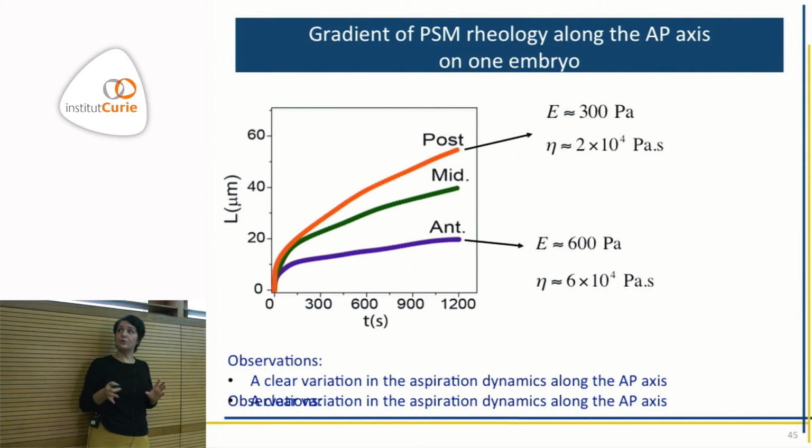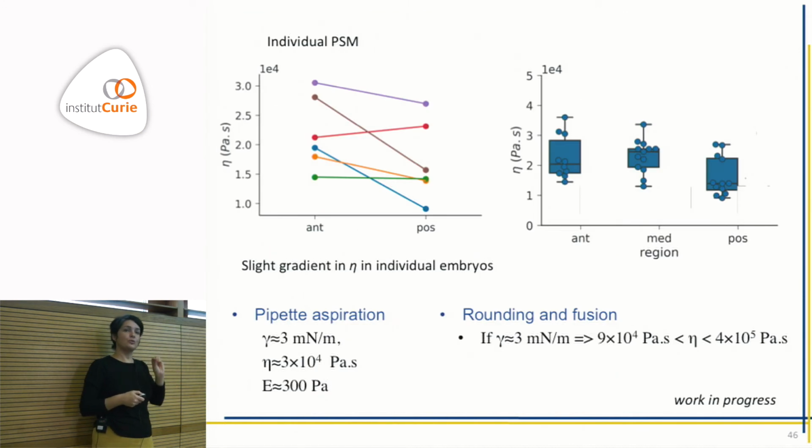Except that you are again working with in vivo systems, very complicated. So when we did more experiments, the tendency was much more fragile. You see that here, if we put all our data together, the gradient is very weak. But if you take embryo by embryo, comparing individual embryos to each other, we see a slight gradient for the viscosity from anterior to posterior.